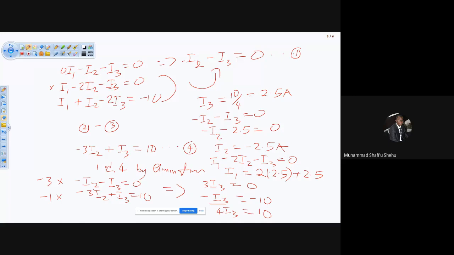Oh, sorry. It's not going to be plus, it's minus 2.5. I3 is minus. So we have minus 5 plus 2.5, which is equal to minus 2.5 ampere.